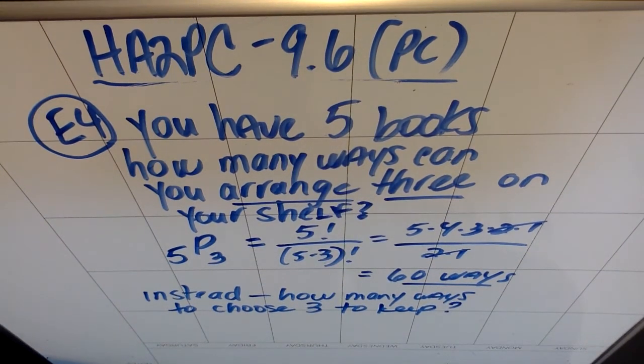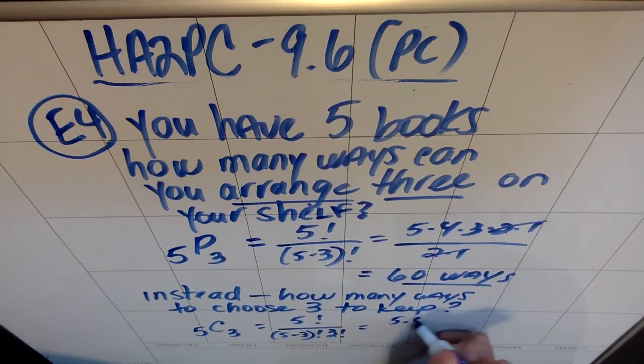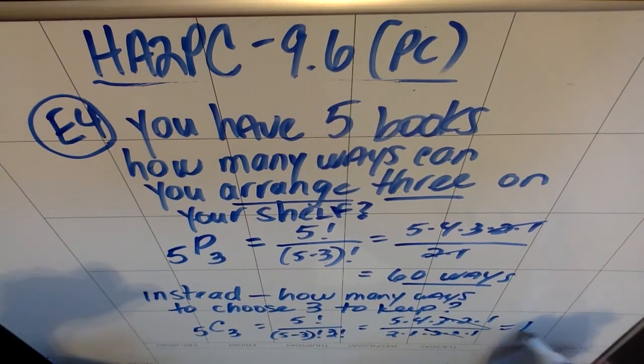It's just, hey, how many different ways could you choose 3 of the 5? Well, then that would be 5 choose 3, which would be 5 factorial over 5 minus 3 factorial times 3 factorial. Now, we already figured out that that's 60, and it would be divided by 3 factorial, but we can walk through it if you want. So 5 times 4 times 3 times 2 times 1 over 2 times 1 times 3 times 2 times 1. These guys cancel, and I end up with 20 over 2, which is 10 ways.